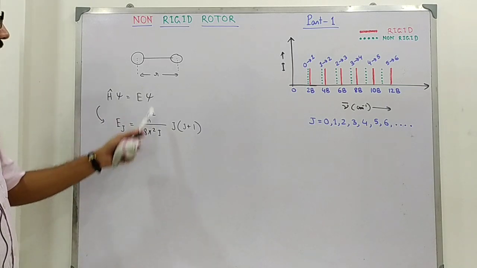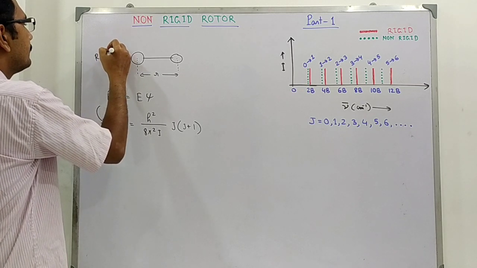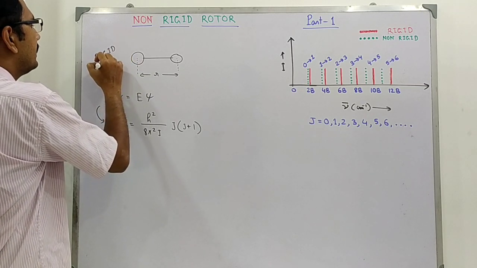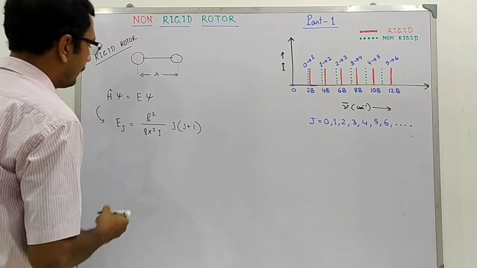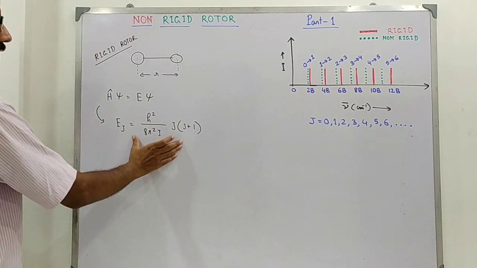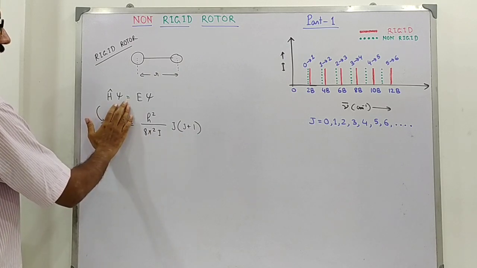So this is for the rigid rotor. I am taking a short revision before entering into today's topic. So this is the energy expression that was obtained upon solving the Schrodinger equation for this system.